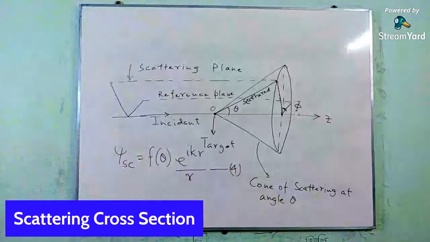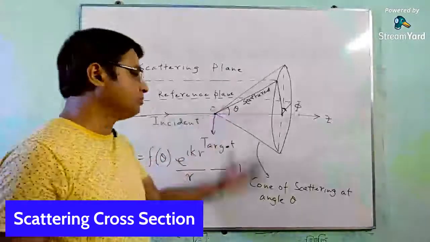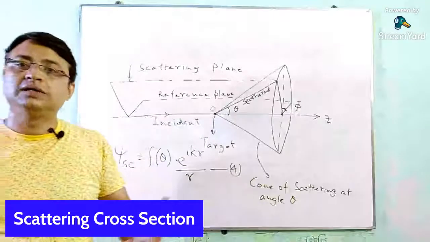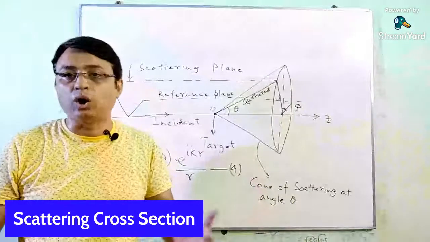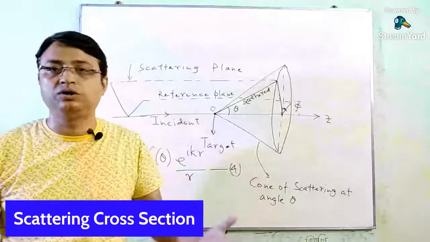This is the representation of the scattered wave, since it is a spherical wave: from a large distance from the target, the scattered rays go outward in all possible directions, that is, in all three dimensions.